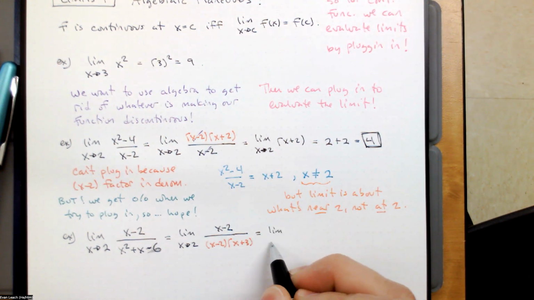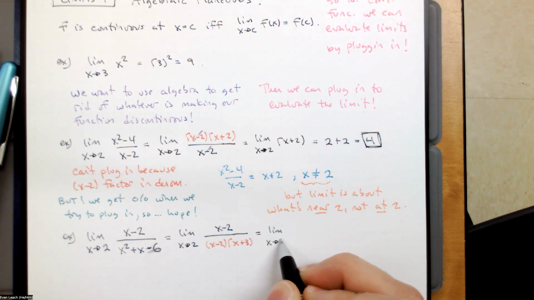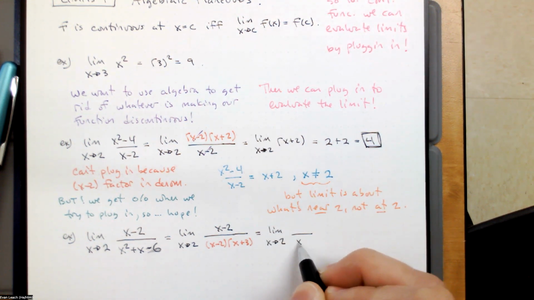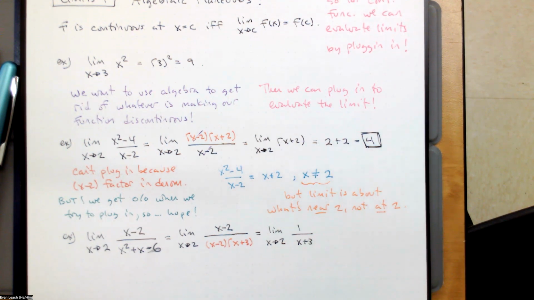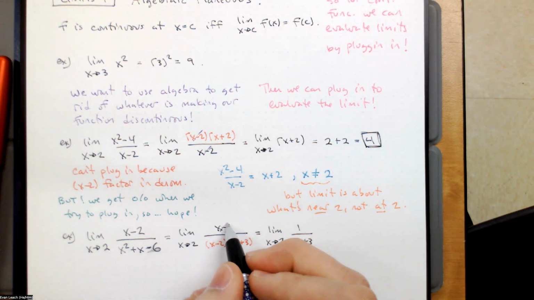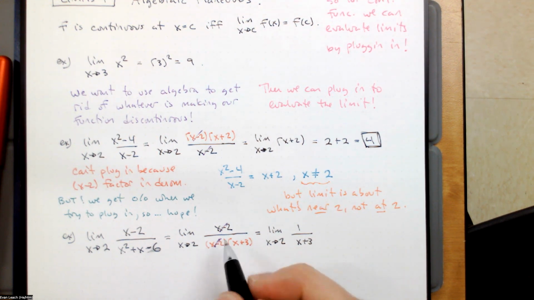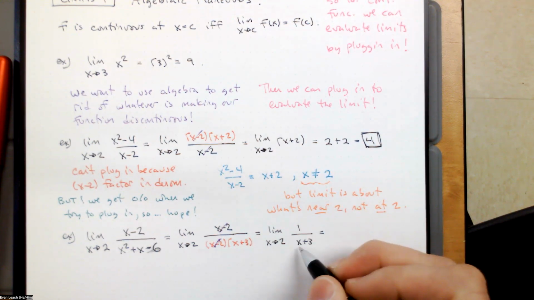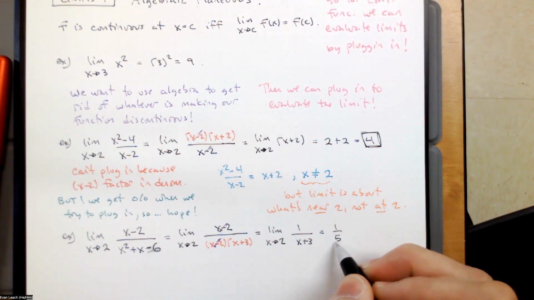So we've gotten rid of the factor that's causing the problem. So we get 1 over 2 plus 3, or 1/5.